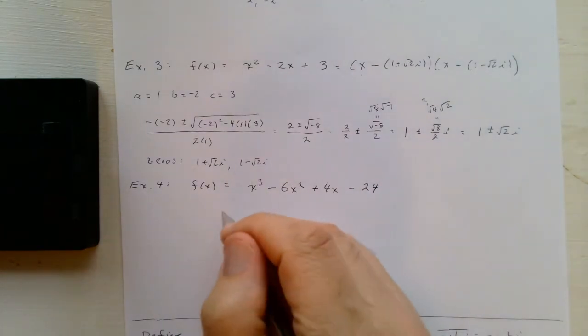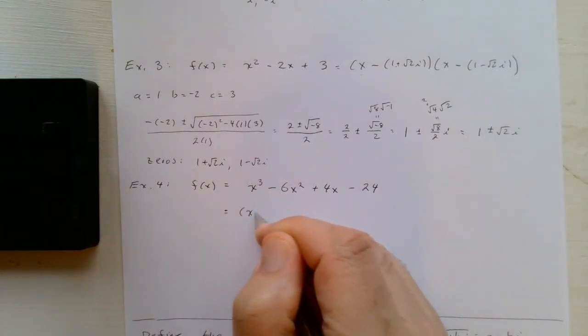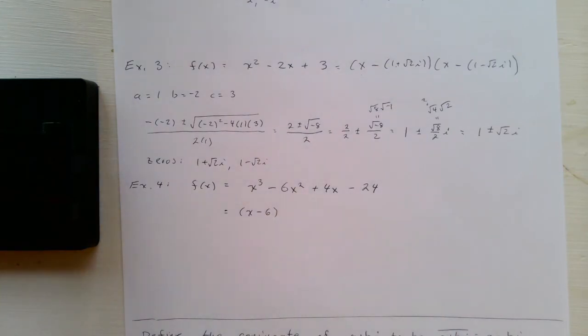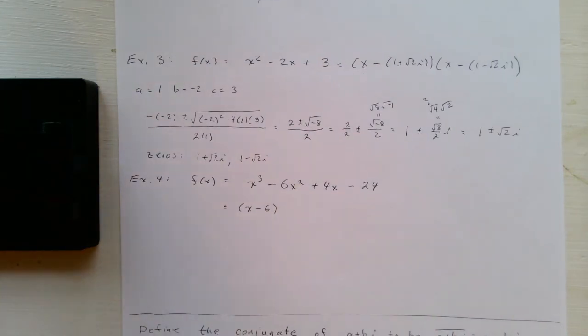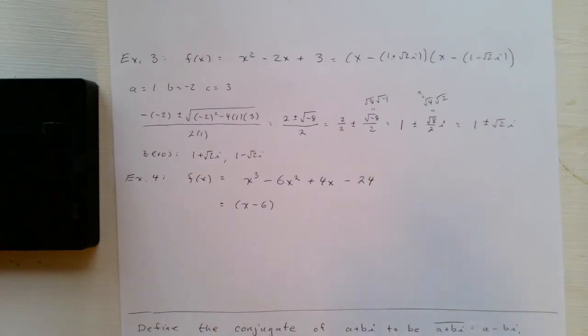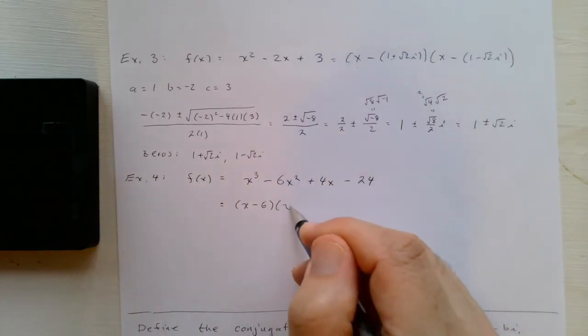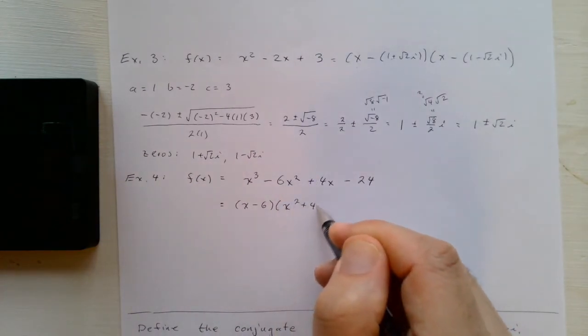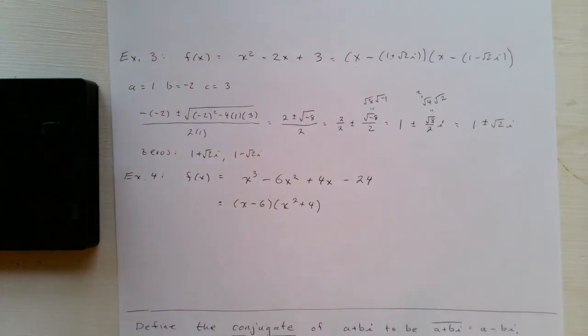And in fact, that would mean that x minus 6 is a factor. And either using long division or synthetic division, we'll see the quotient is x squared plus 4. Right now, don't worry about this so far. You just convince yourself that this and this are the same polynomial. If you multiply things out, you'll see you get this.